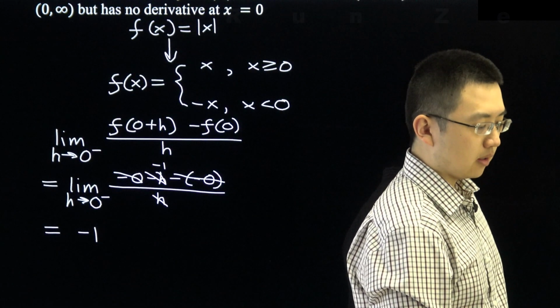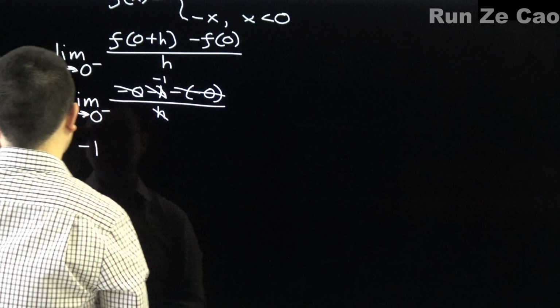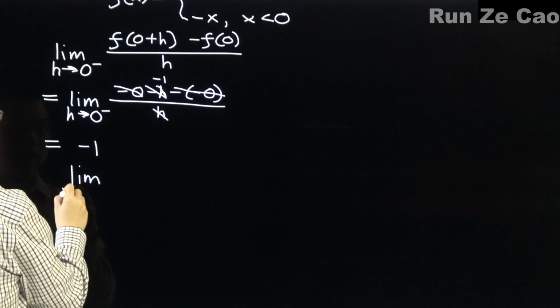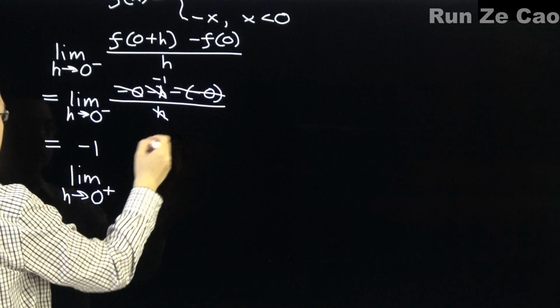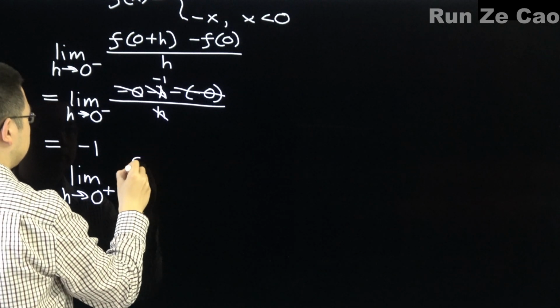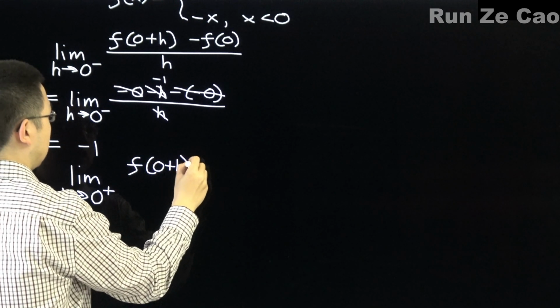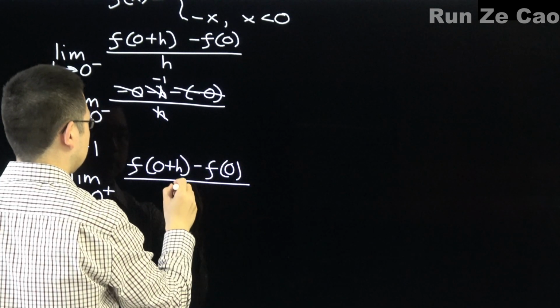Now what about the right-hand derivative? Well, that's the limit of h approaching 0 from the positive side of f of 0 plus h minus f of 0 over h.